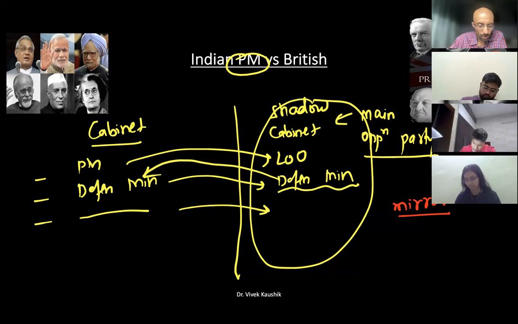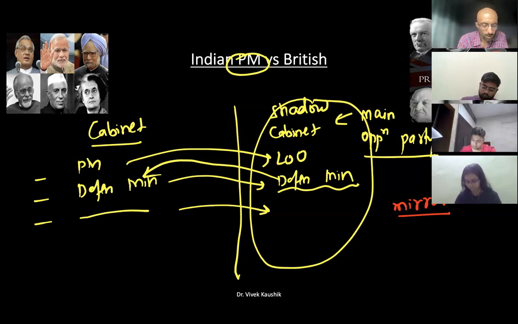Shadow cabinet provides the citizens a ready alternative government. Full stop. Next paragraph.